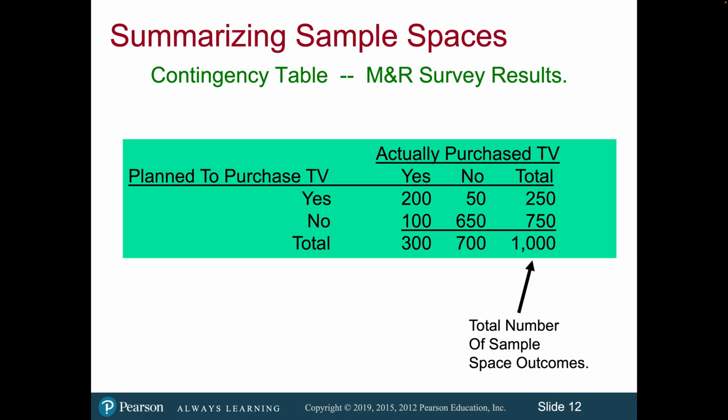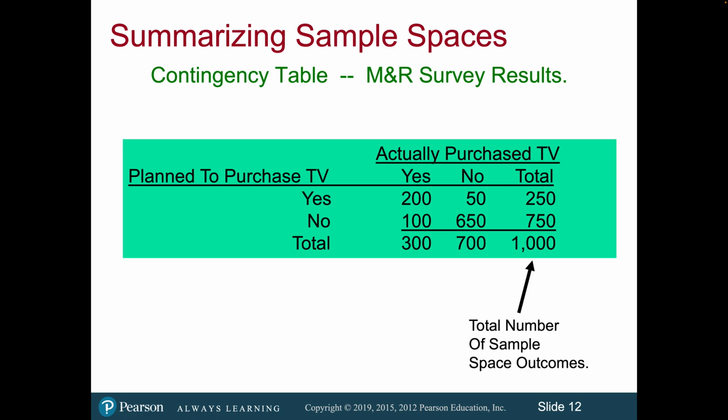So if we combine the two events, plan to purchase with actually purchased, we get this 2x2 table. Now, first of all, we can see that 200 people planned to purchase, and they did. We have 50 people who planned to purchase, but they did not. So that gives us 250 people total who actually planned to purchase a TV. Of the people who did not intend to purchase a TV, 100 actually purchased a TV, even though they walked in not planning to buy one. They must have a very good salesperson.